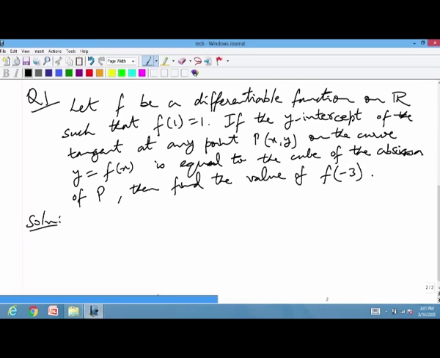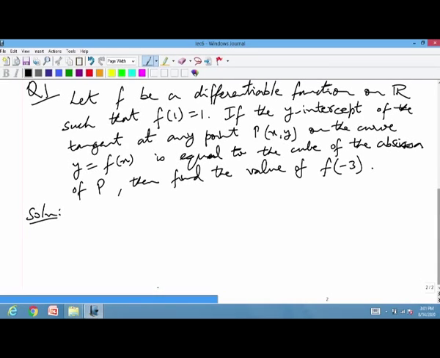So, here we are given some condition, we have to first form a differential equation and then solve it. We know that the slope of the tangent at P(x, y) is given by dy by dx.